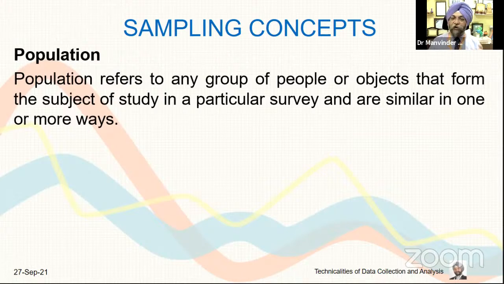For example, we cannot include animals along with fishes in a survey. We may be studying the impact of the environment on animals and fishes, and both cannot be included. We have to do a separate study for animals and a separate study for fishes, because the impact will be totally different, as the nature is different.